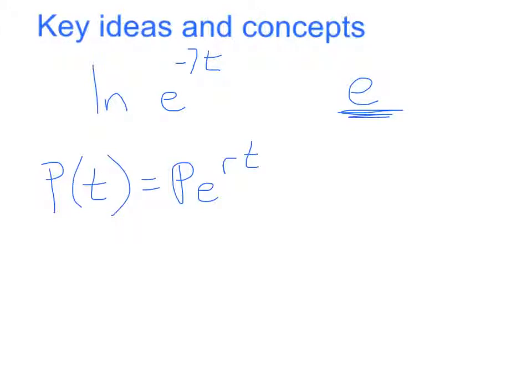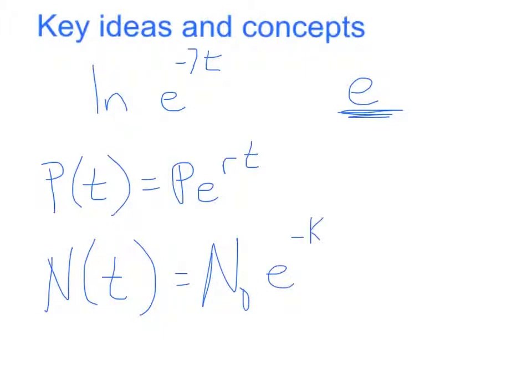Another way that we use this formula, or the value e, is in half-life, N sub 0 e to the negative kt. And we should be able to evaluate for k or evaluate for t, depending on the context of the problem.